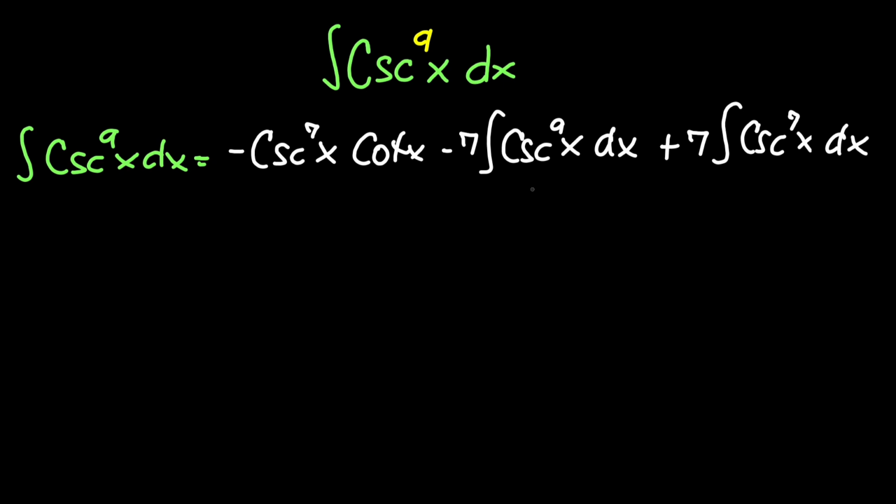And now we need to get rid of this one. We had here a negative 7. So we need to add plus 7 integral of this value right here, the exact same value, to both sides.